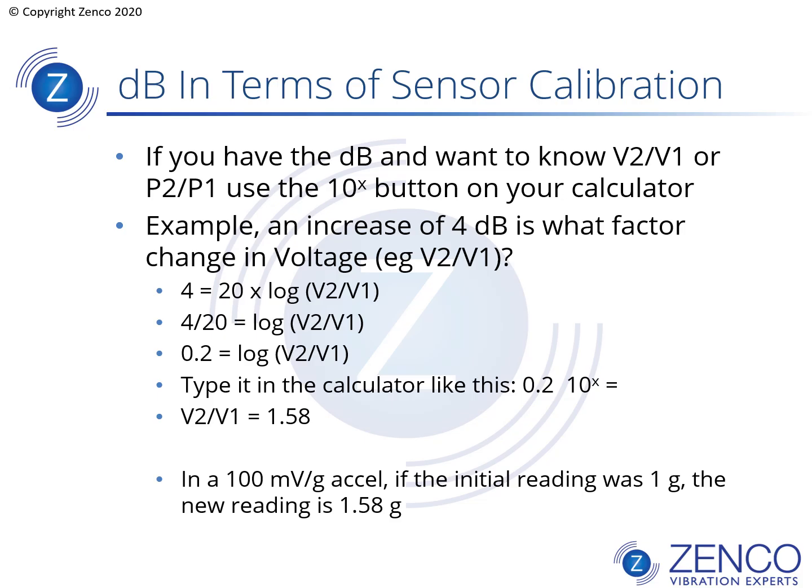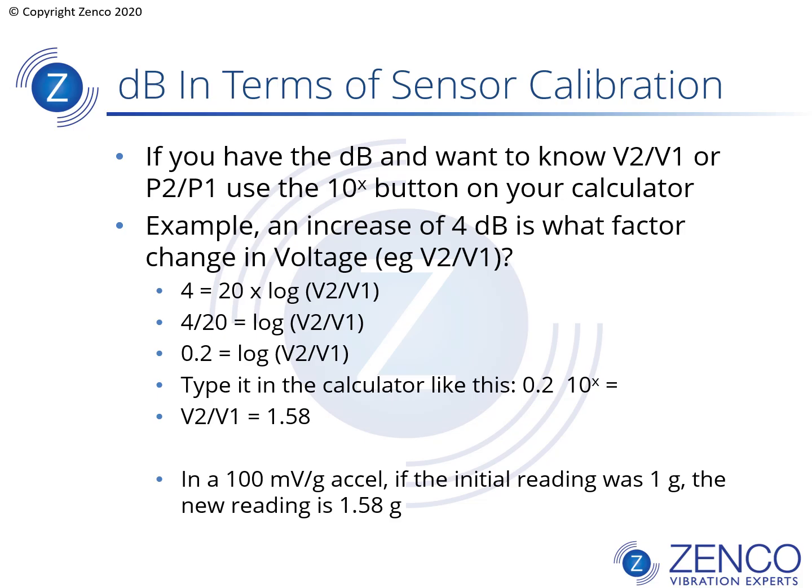Now, let's say you have the dB and you want to know what is the voltage ratio or what is the power ratio. You can use the 10 to the x button on your calculator. So for example, let's say you had an increase of 4 dB. What is the factor change in voltage? In other words, what is V2 divided by V1? So the way we do this is we would write down the formula. So 4 is our dB, and that equals 20 times the log of V2 divided by V1. I move 20 over to the other side. I divide both sides by 20 to do that.